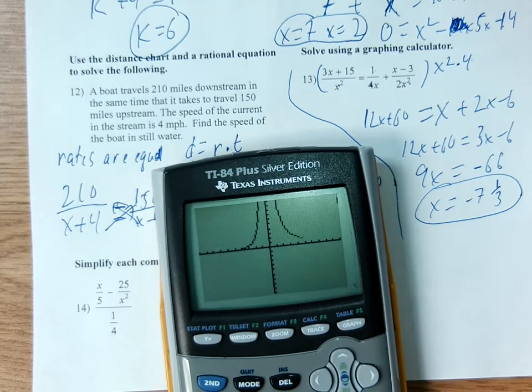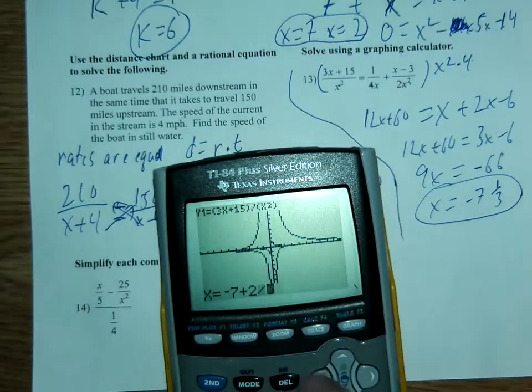And hopefully we're going to see they cross at 7 2/3. They share the value at 7 2/3. And it's kind of hard to see actually where they're at. Negative 7 plus 2/3. Minus 1/3. Sorry, not 2/3, 1/3.